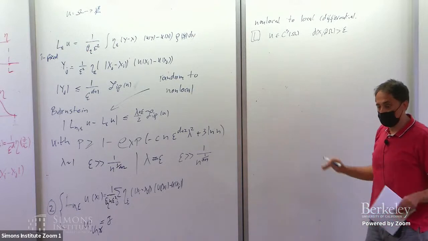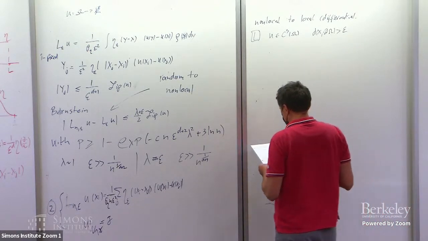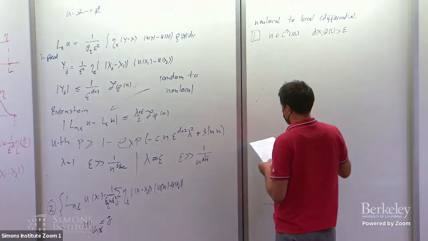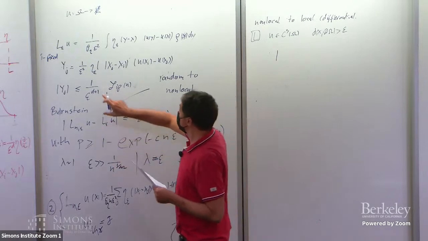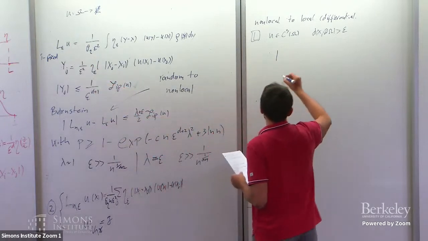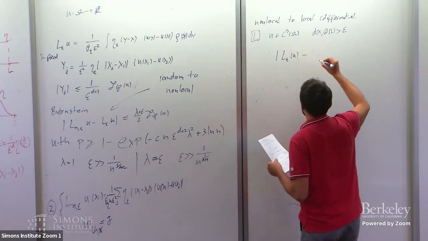So I do not want my non-local operator to go outside. In that case, we have that this non-local guy, L epsilon of U, minus.